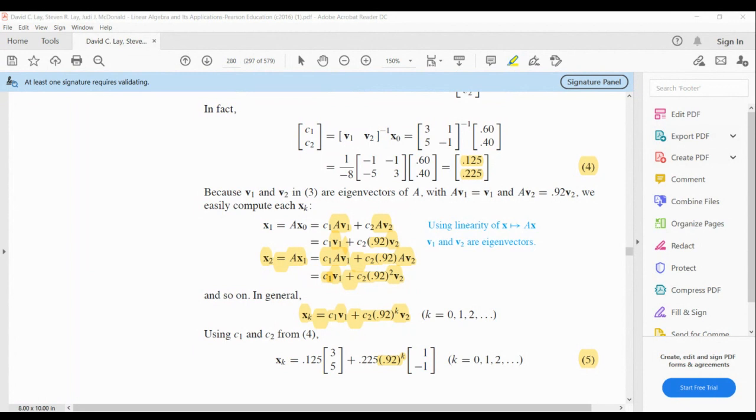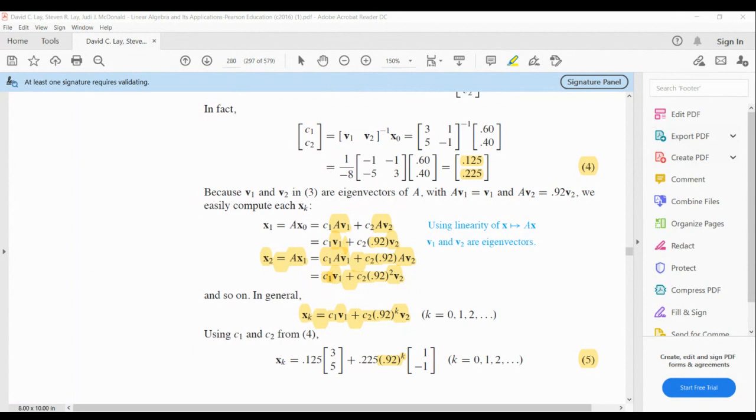So what I'm trying to say, and thank you, Mikkel, thank you, Solomon, I'm focusing on 0.92 to the kth power. What does that equal as k goes to infinity? We're trying to find out eventually what the population distribution will be in the city and the suburbs. That means we're letting k, the number of years, go to infinity.